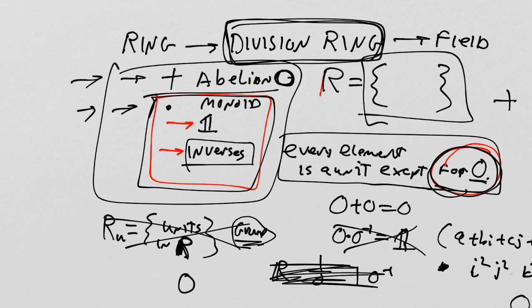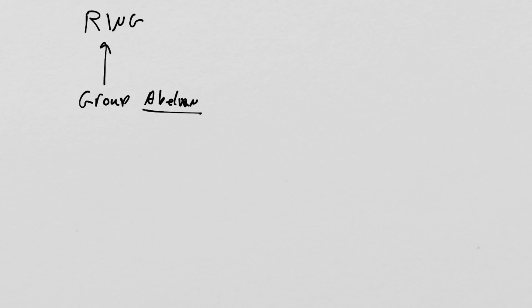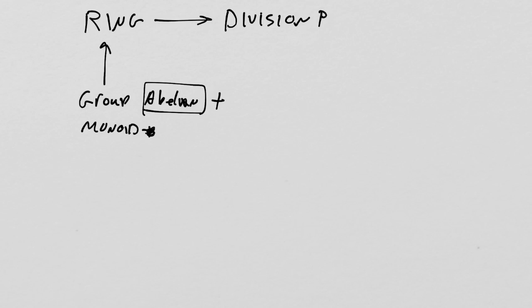Okay, so now we're going to talk about the last one, which is a field. It doesn't hurt to recap: we had our rings, which were built out of an abelian group, and I did say that abelian is just a synonym for commutative. It's an abelian group under addition and a monoid under multiplication. That set us up to make a division ring, where everything but 0 is a unit, which means everything but 0 has a multiplicative inverse under the monoid rule.